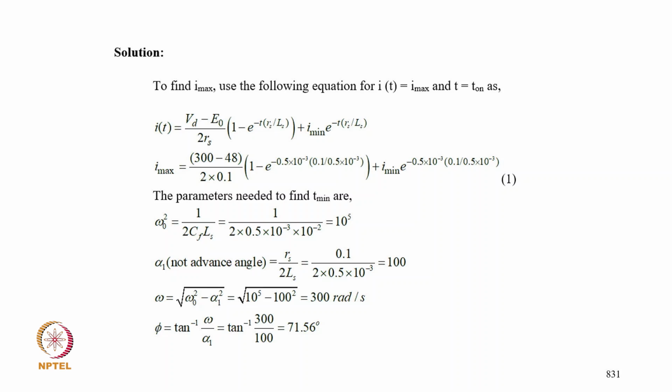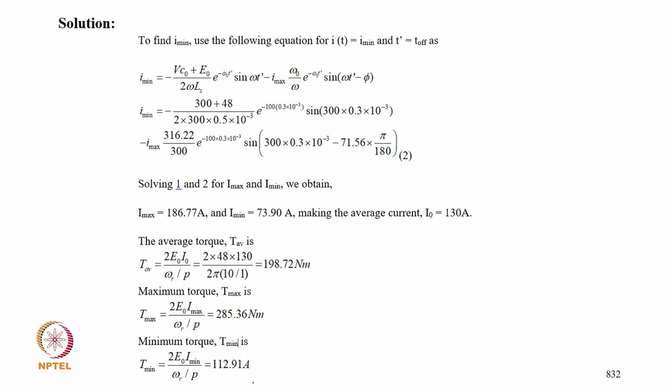The parameters needed to find out I minimum are omega squared equal to 1 upon 2 CF LS, and alpha, the advance angle, equal to RS upon 2LS, that's 100. Omega equal to the square root of omega 0 squared minus alpha squared, that comes to 300 pi. Theta equal to tan inverse omega upon alpha, that comes to 71.56 degree.